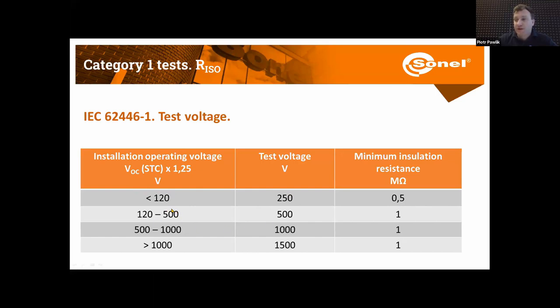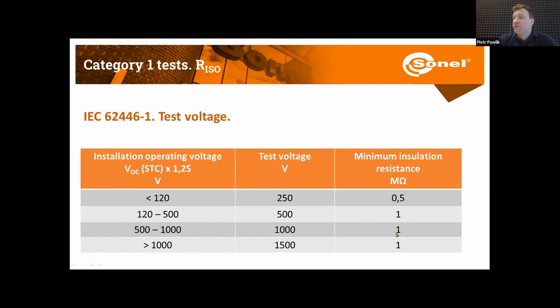Further on, for systems between 120 and 500 volts DC operating voltage, we are going to test them with 500 volts DC test voltage. And the requirement is that the minimum value of resistance is 1 mega ohm. For larger systems between 500 and 1000 volts DC operating voltage, we are going to test them with 1000 volts DC test voltage.